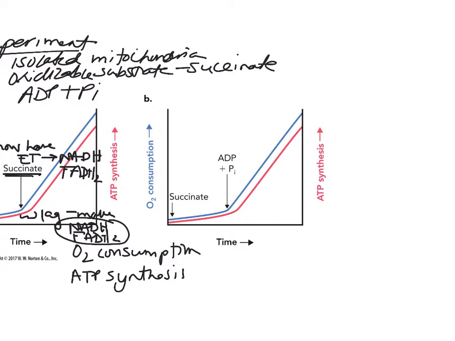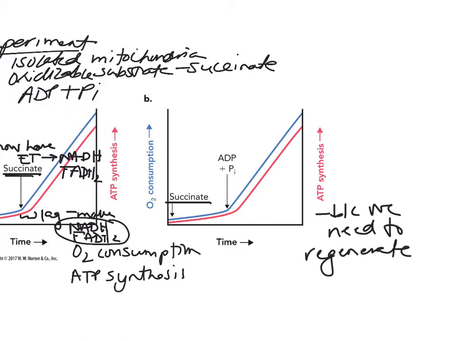In figure B, what we're going to do is add succinate first. So succinate is our oxidizable substrate. You can see we have a slight consumption of oxygen, but not very much, because we need to regenerate NAD plus and FAD.